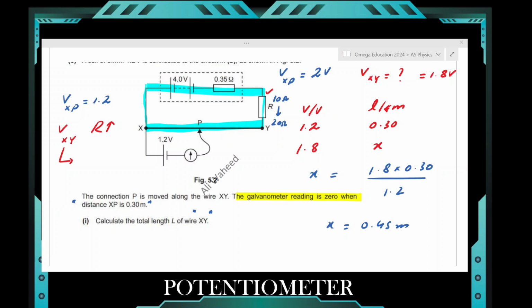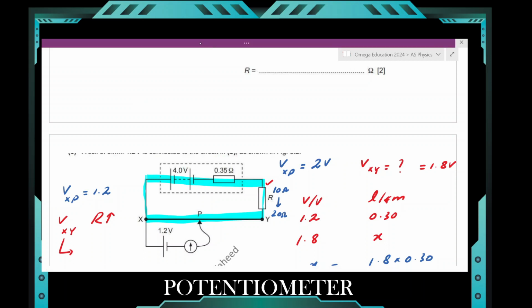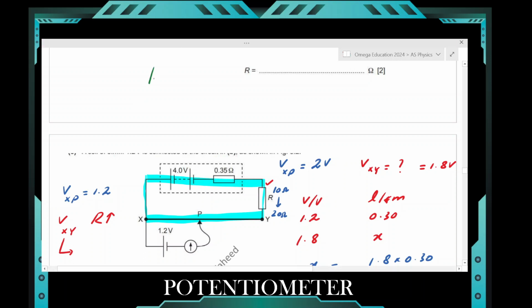But what would happen to the voltage across XY? Just think about XY as an independent resistor. If I simplify the circuit for you, we have 4 volts over here, then the 0.35 resistor, then you have the resistor R.